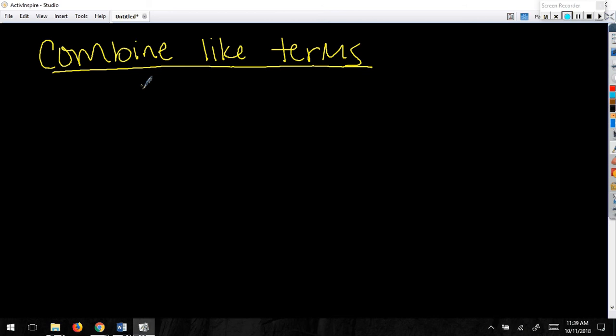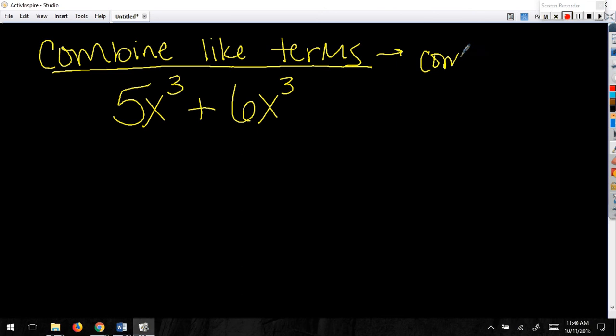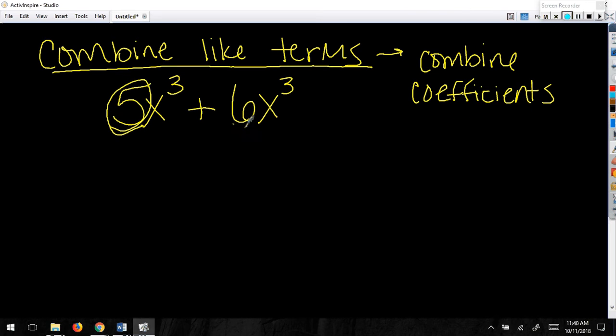If I had 5x to the third plus 6x to the third, how would I combine those? Once we identify the like terms, all we have to do is combine their coefficients, okay? Very important, they have to be like terms when we combine them. So in other words here, 5 and 6 would give me 11.